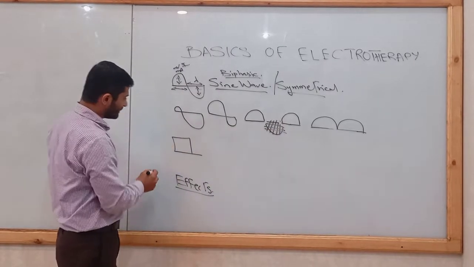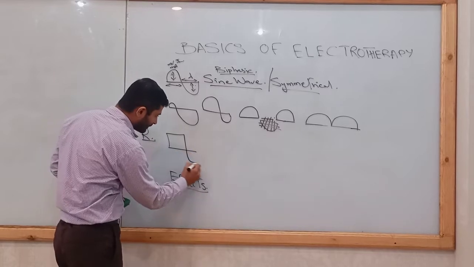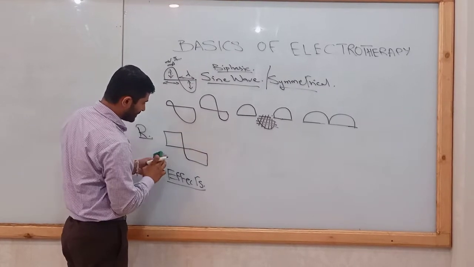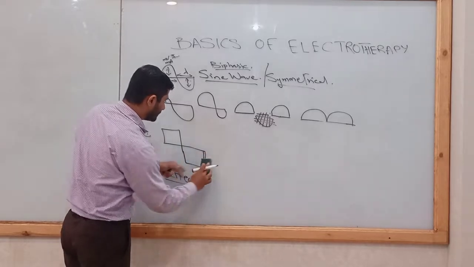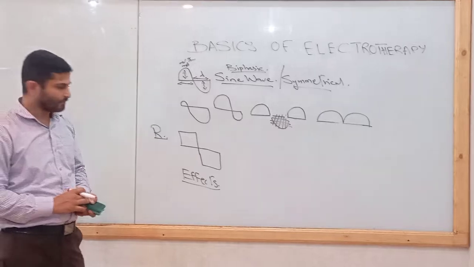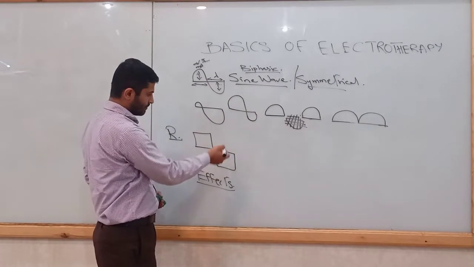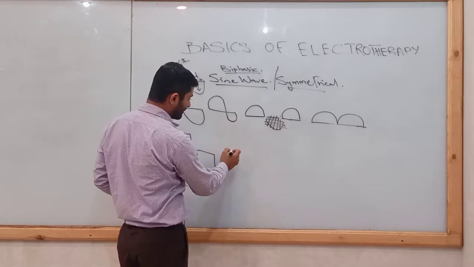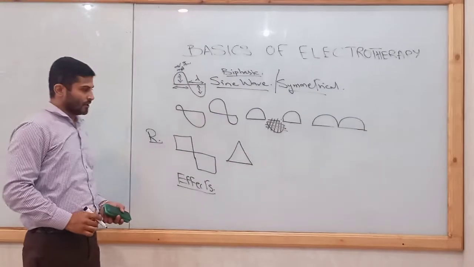So this is a monophasic rectangular waveform. If we add another wave over here, let's say similar to the upper box, then it will become a symmetrical rectangular waveform. Similarly, it can be asymmetrical just like the upper portion, and then we have triangular waves.